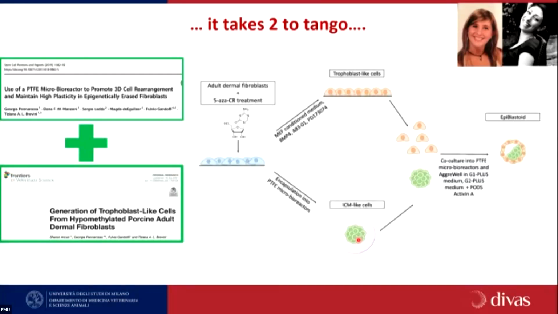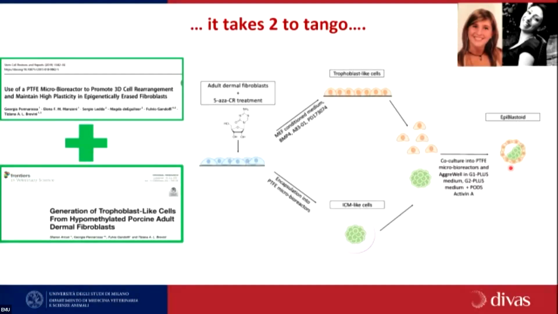And in the meantime, I have to say we were also working in a parallel work to reprogram cells towards a trophoblast-like phenotype. And so together with, again, Giorgia Pennarosa and Sharon, who you just heard was our previous speaker, we decided to put the two main data together and to use the system to create epiblastoids, which are organoids that mimic in vitro the behavior of blastocysts.